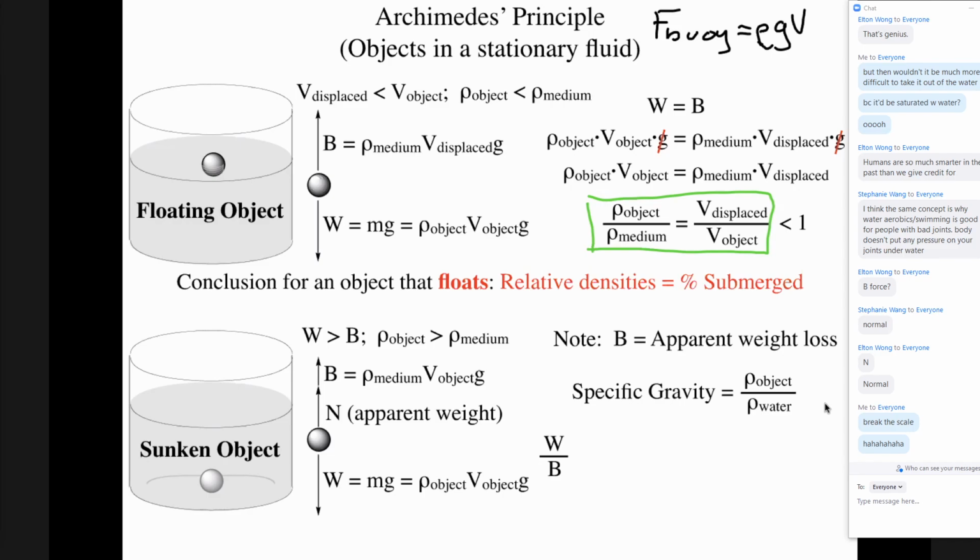Net force is 0. So all the forces down, which is the weight, must equal all the forces up, which are the buoyant force and normal force combined. The sum of the buoyant force and normal force up must equal the weight of the object down because there is no net motion. So the apparent weight, what you appear to weigh, is your weight minus the apparent weight loss. This really comes down to just word choice that physicists are using.